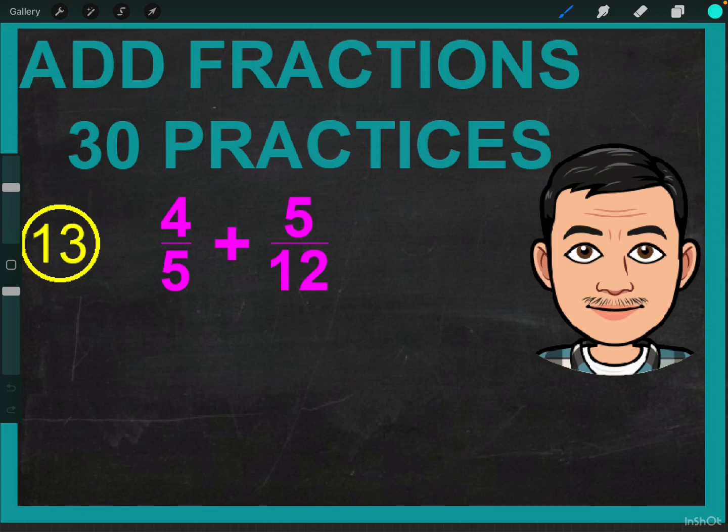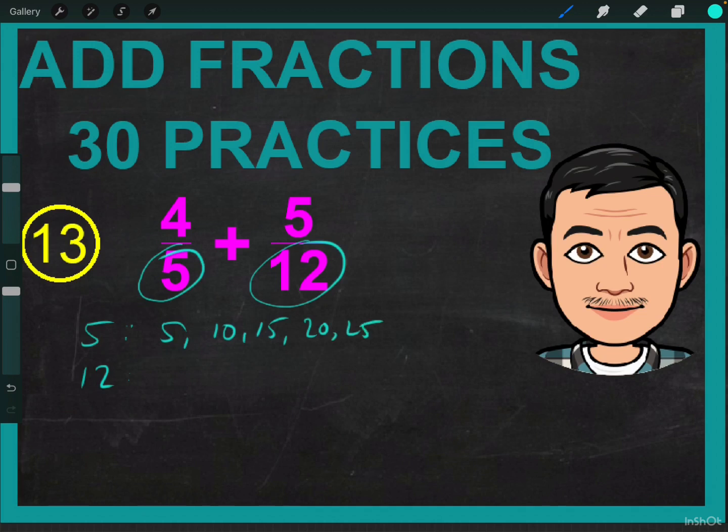Practice number 13. We have two fractions with different denominators, one is 5 and the other is 12. So we will go ahead and find the LCM for 5 and 12. For 5 we have the multiples 5, 10, 15, 20, 25, 30, 35, 40, 45, 50, 55, 60.